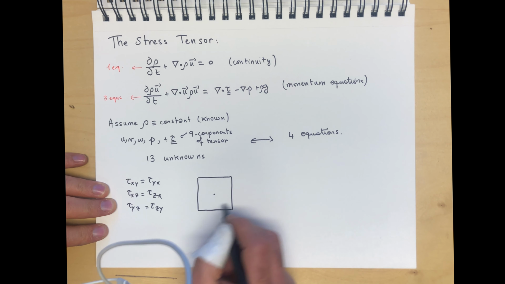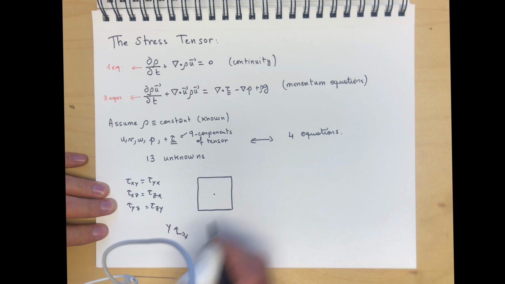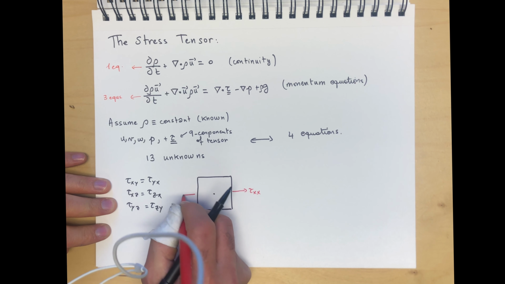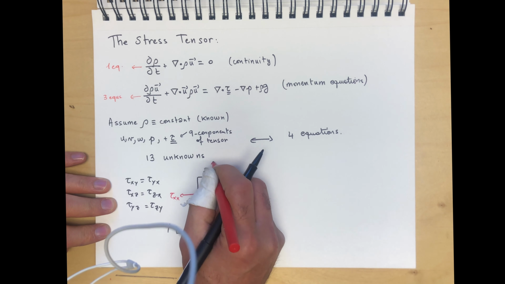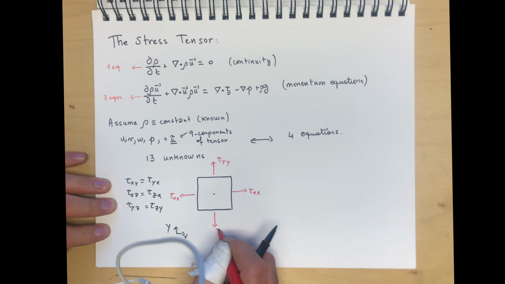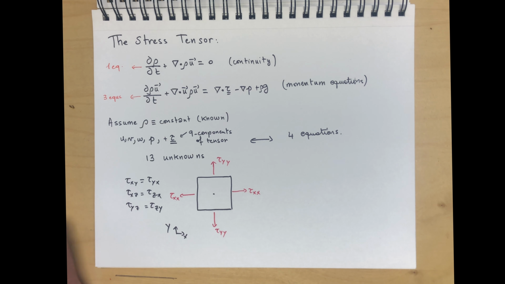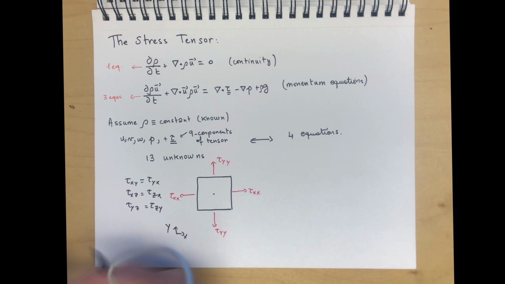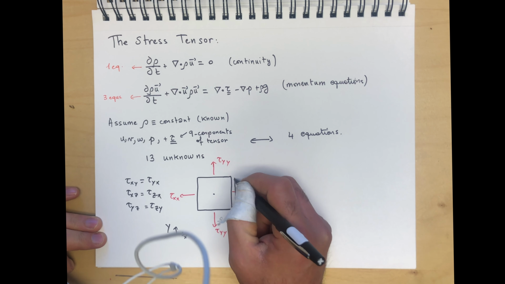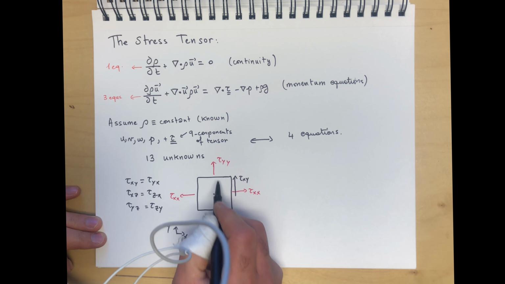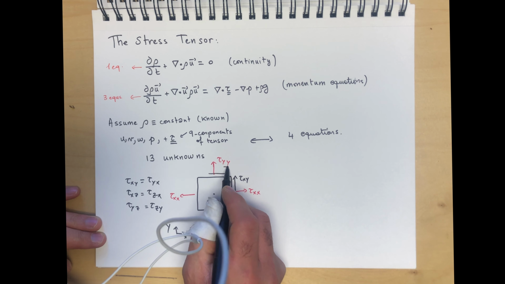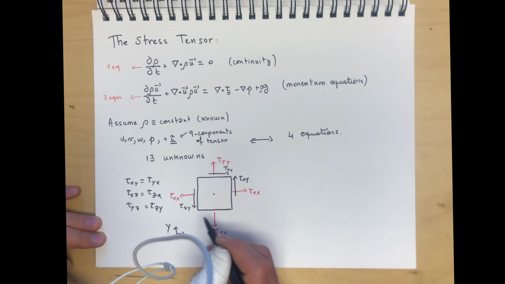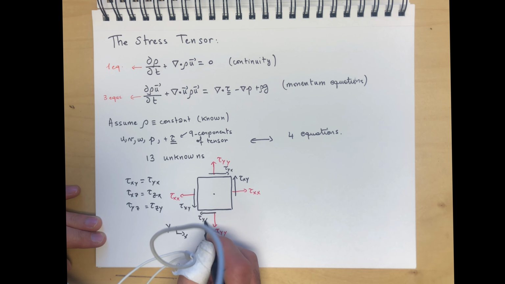So if we shrink this point, and we have x, y, we have tau xx, tau yy, and for the stress components, we have over here tau xy, and over here tau yx, and over here tau xy, and over here tau yx.